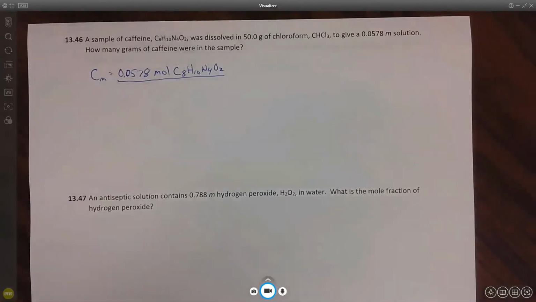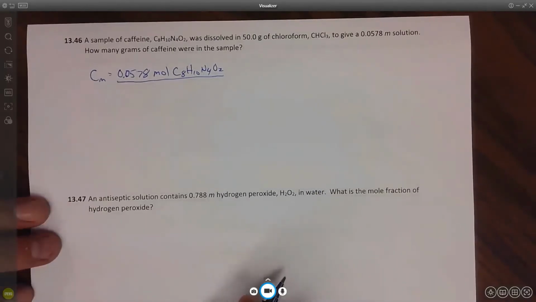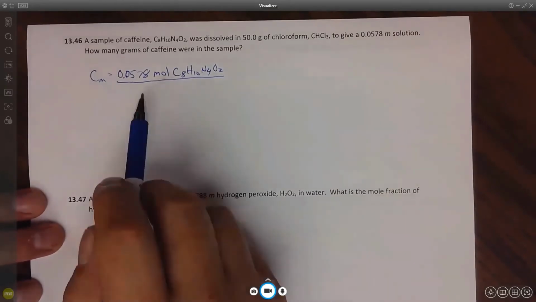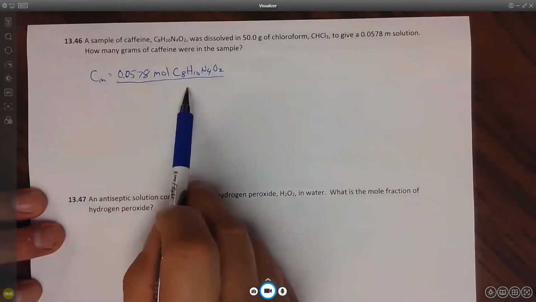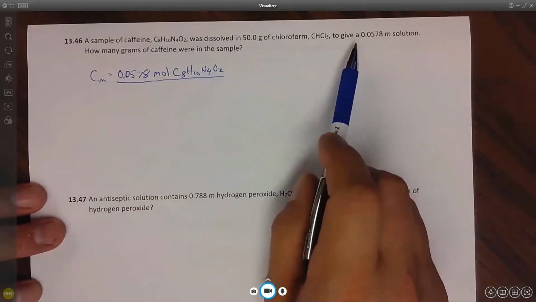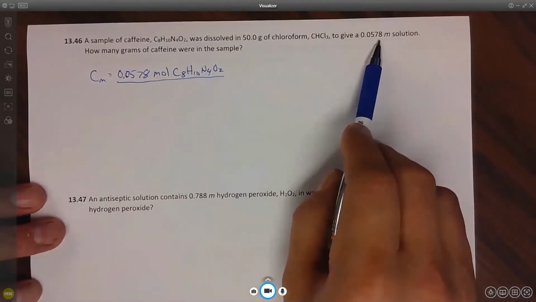Make sure that you re-watch this, okay? Okay, Taylor, what is my solvent? Is it the chloroform? Yeah, now what would I specifically put down here though? Would you have to convert 50 grams to kilograms? Now be careful, molality. What is the definition of molality?